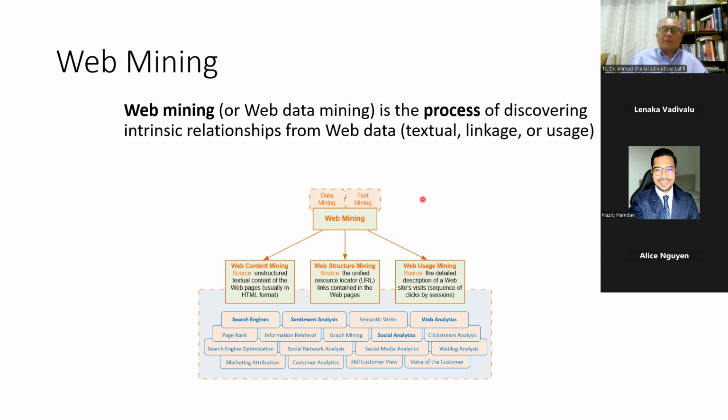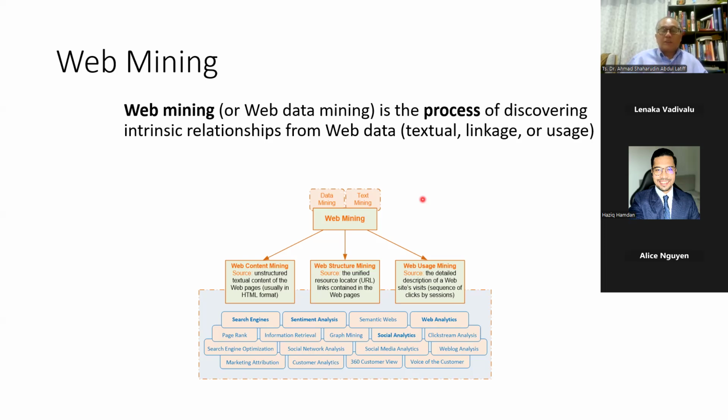And then web structure mining, looking into the uniform resource locator links contained in the web pages, as well as web usage, meaning how people visit and use the web. This web mining involves several aspects.